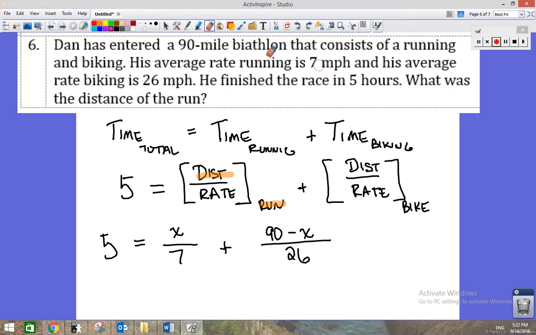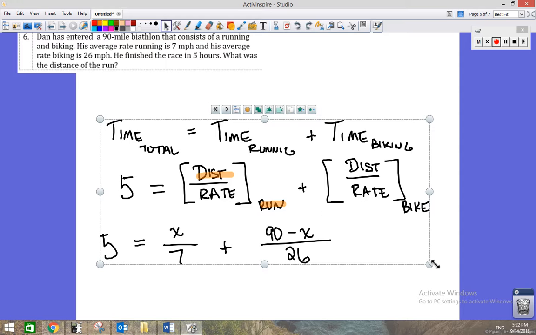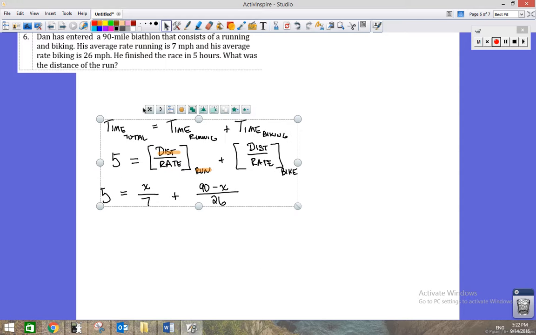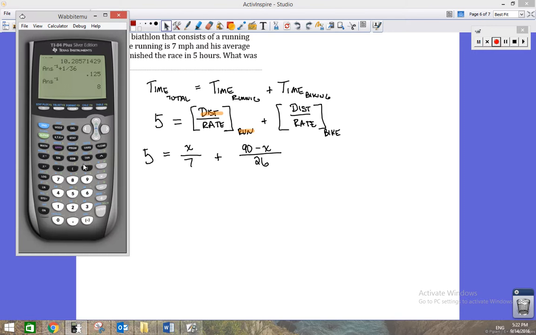Try to get the x by itself. So let's see how we do. I would get a common denominator. Let's just multiply 7 times 26. That's 182.